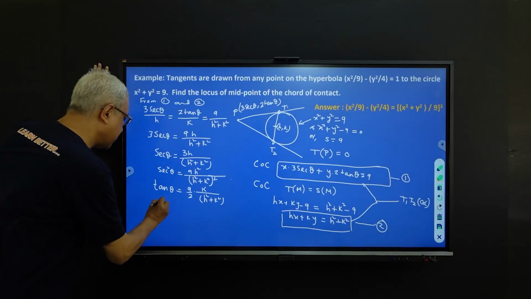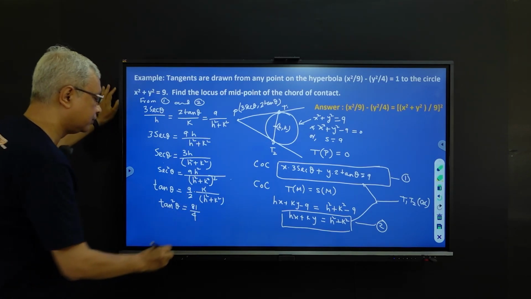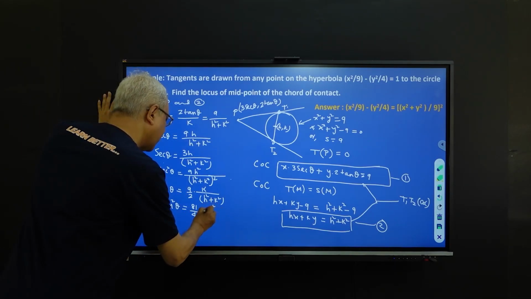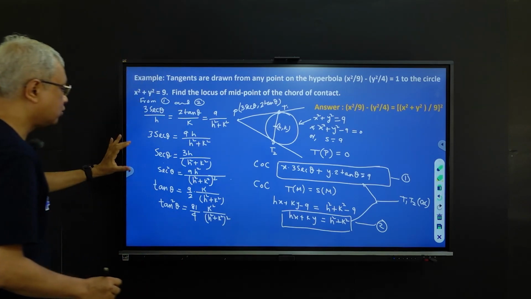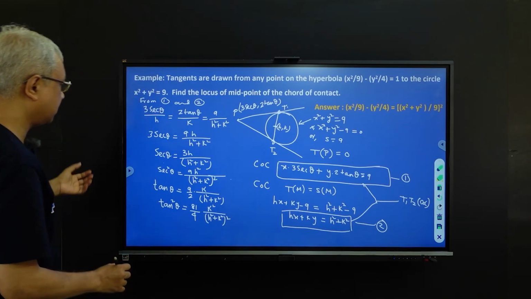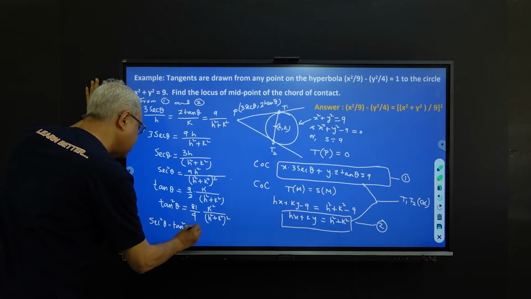Therefore, tan square theta is 81 by 4 k square by a square plus k square whole square. So, sec square theta minus tan square theta is 1.